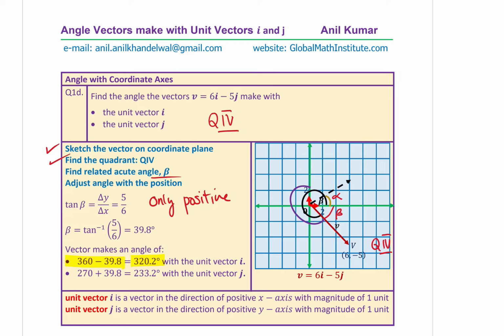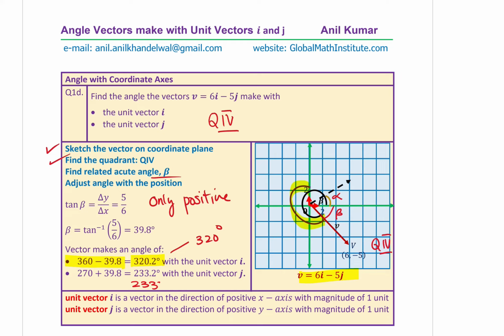When you round this to three significant figures, you get 320 degrees as your answer. The other angle rounded to three significant figures will be 233 degrees, and that will be 270 minus the related acute angle as shown here, since you are in quadrant 4 this time.